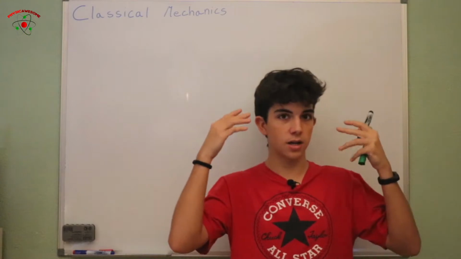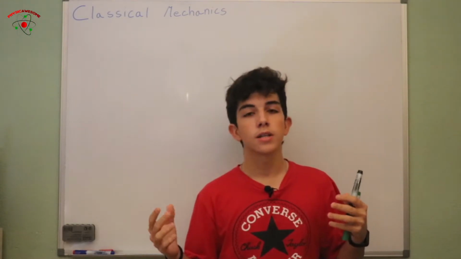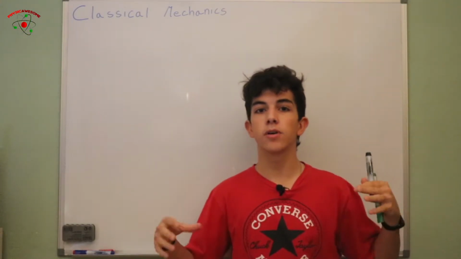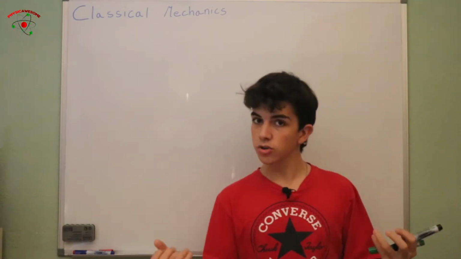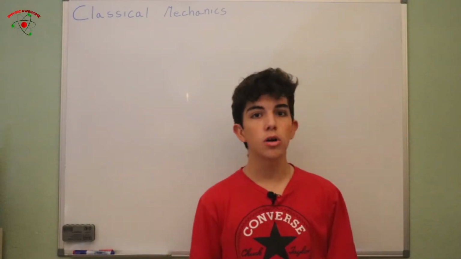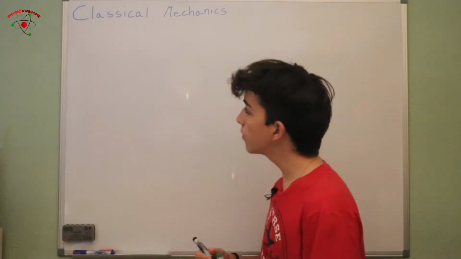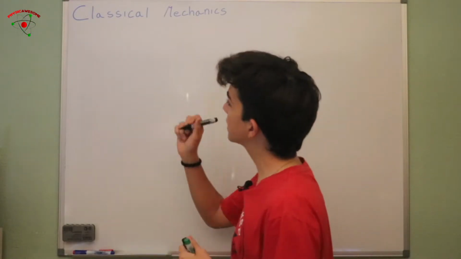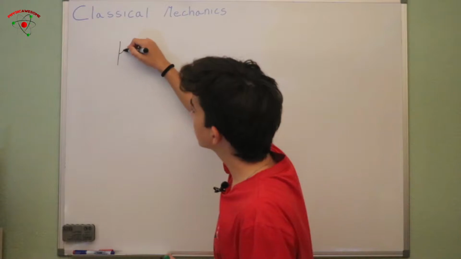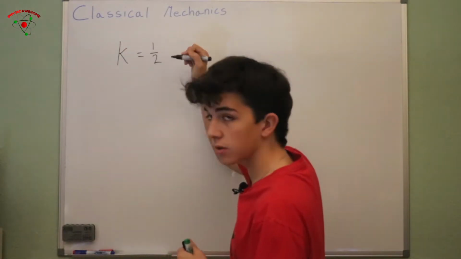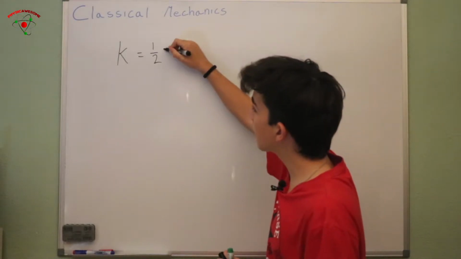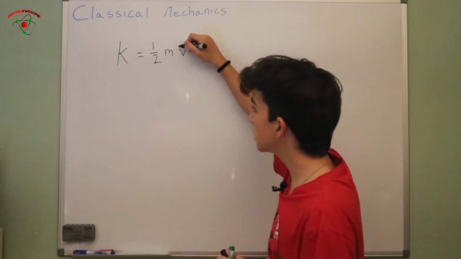It's kind of obvious that a very big, very massive object is going to have a lot more energy than a small object. Therefore, kinetic energy is defined to be equal to 1/2 of the mass times the velocity squared.